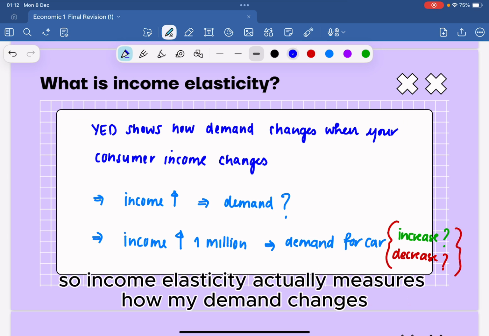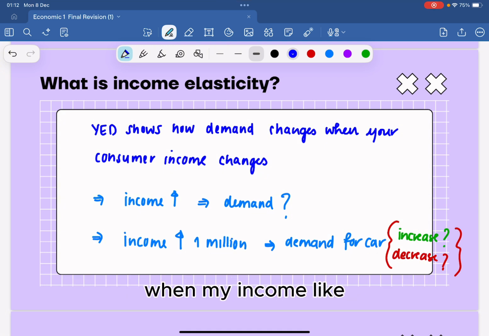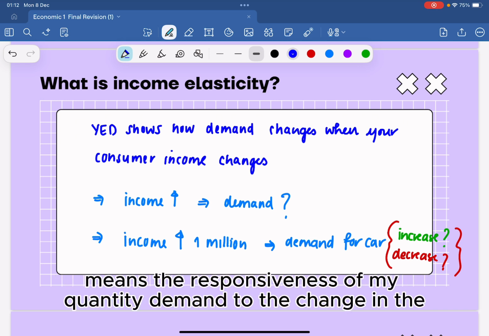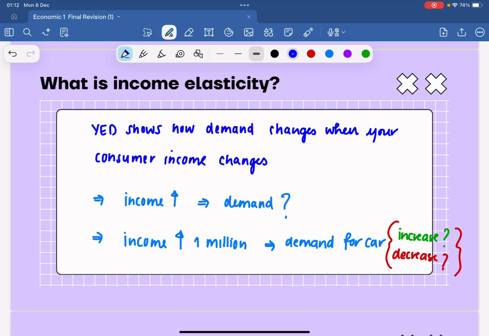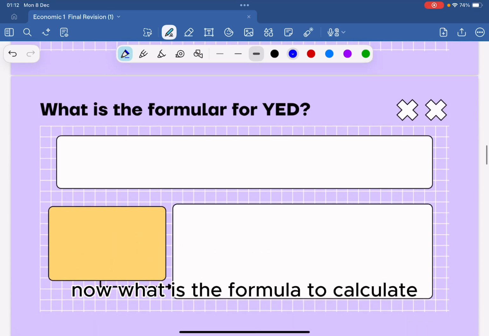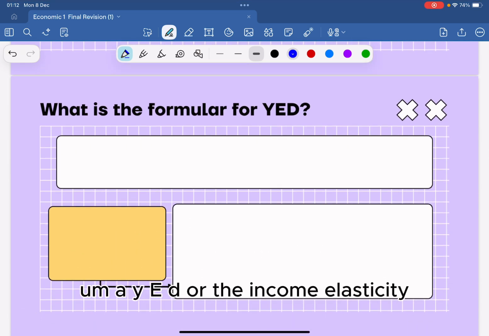So income elasticity measures how my demand changes when my income increases or decreases. Or as a standard answer, it means the responsiveness of my quantity demanded to the change in income. Now, what is the formula to calculate YED, or income elasticity?